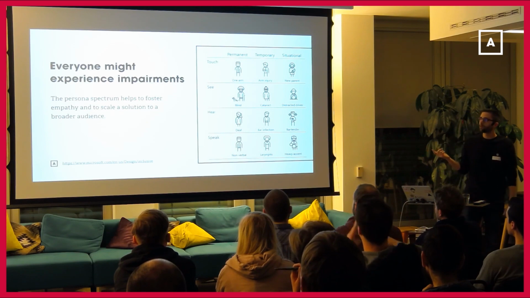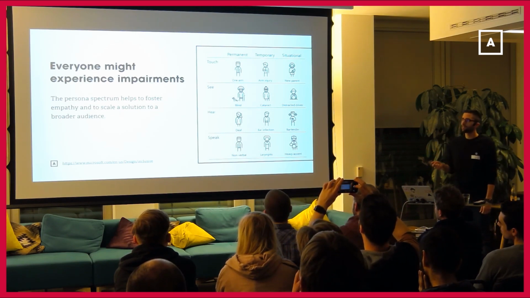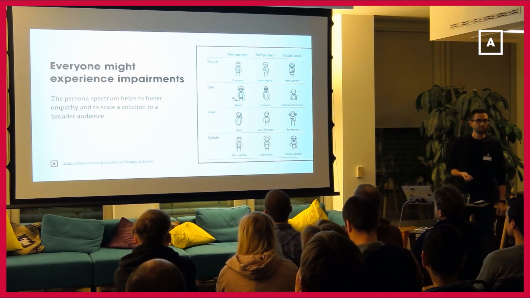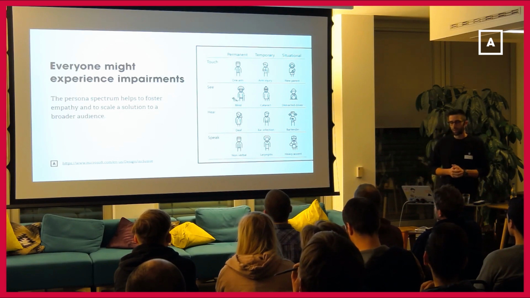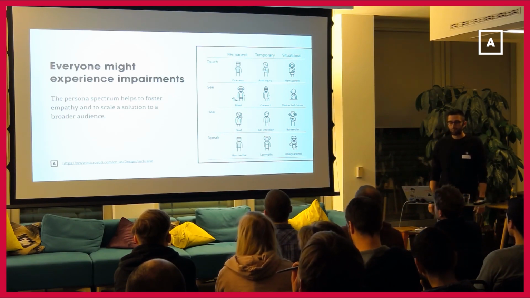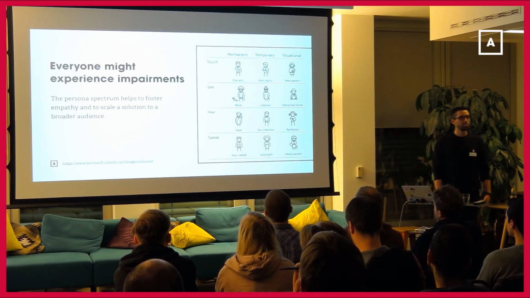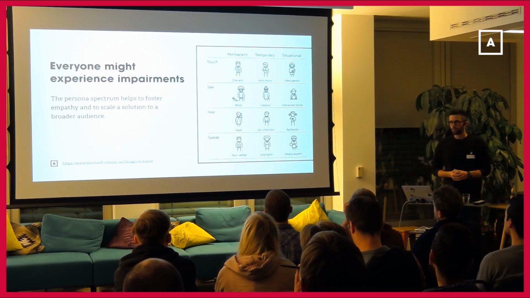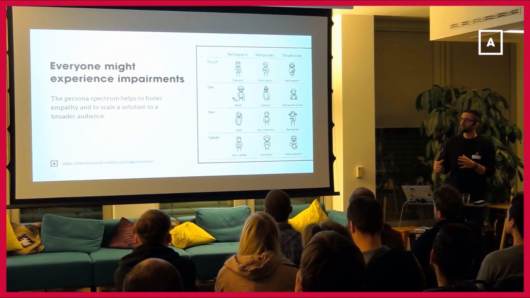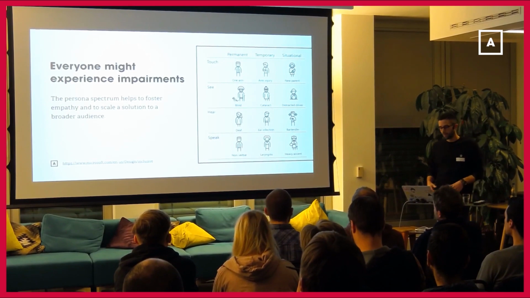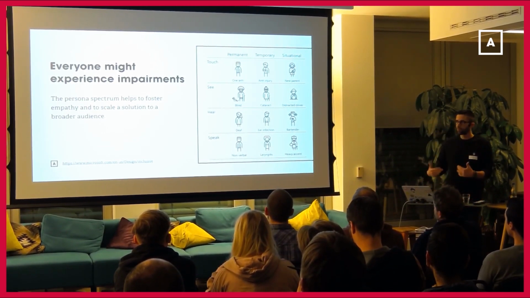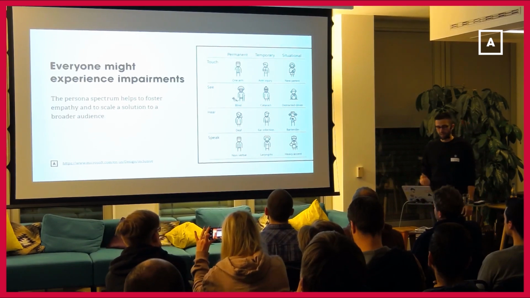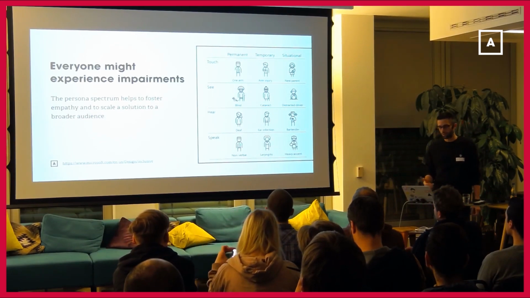So I'm repeating this slide. It was part of Luca's talk as well, but I really like what the Microsoft team did last year. They published this case study around inclusive design and the importance of inclusive design, and they created this persona spectrum, providing a metric of different types of disabilities across the different ways that people are experiencing these disabilities, like permanent, temporary, or situational.